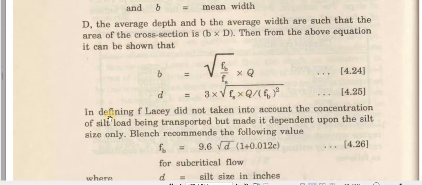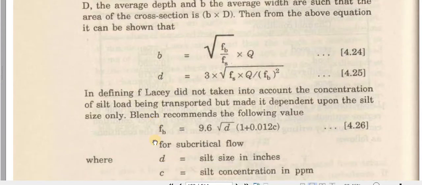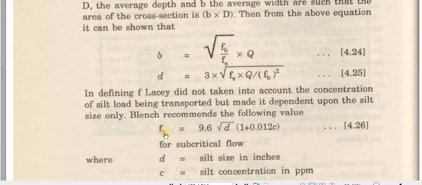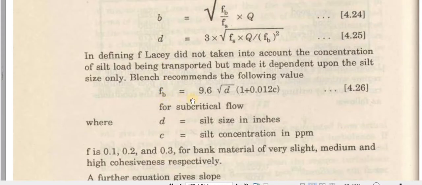In defining F, Lacey did not take into consideration the silt load being transported, but made it dependent upon the silt size only. But Blench contributed in a separate way, and he also introduced the bed factor, which is a function of D, where D means silt size in inches, and C is the silt concentration in parts per million.